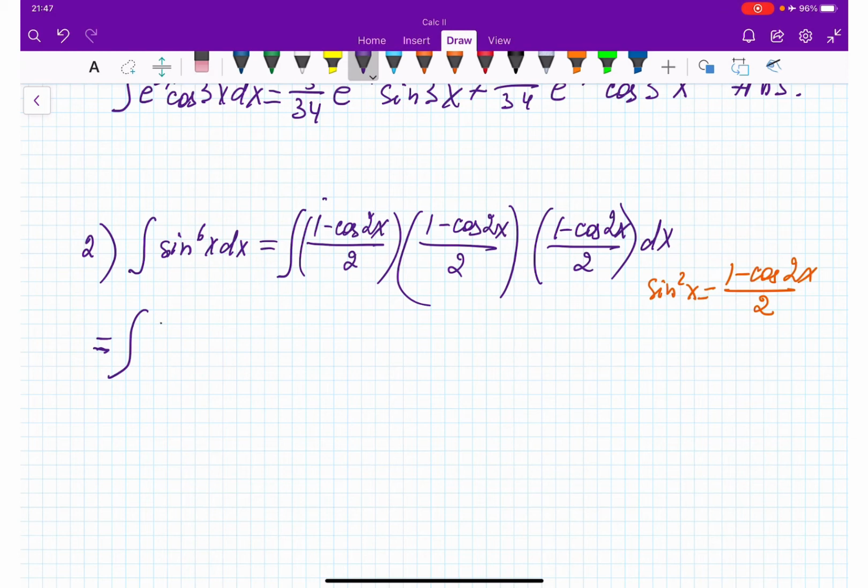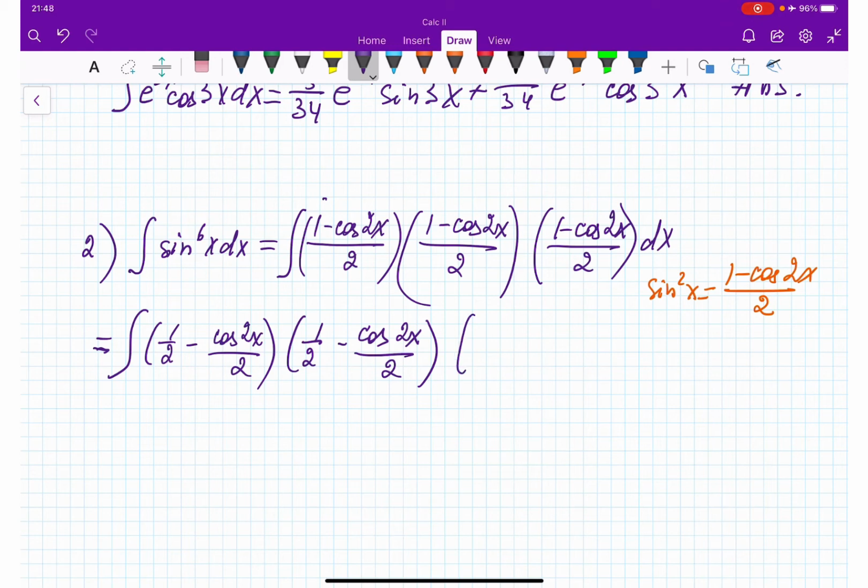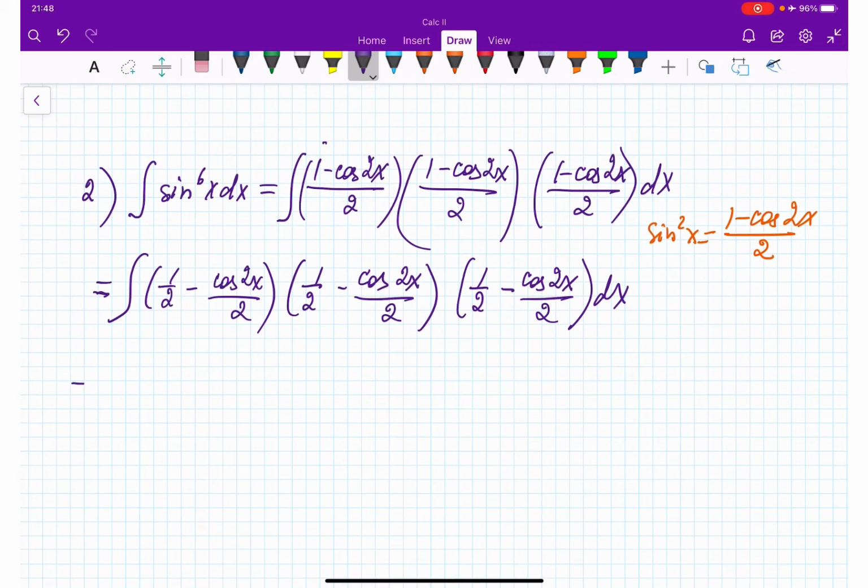So it's going to be 1/2 minus cosine 2x over 2 and 3 times 1/2 minus cosine 2x over 2, so it would be easier to multiply because we are going to manipulate with this. I don't want to leave the denominator and manipulate only the numerator because I will need the denominator also. That's why I'm separating. And dx.